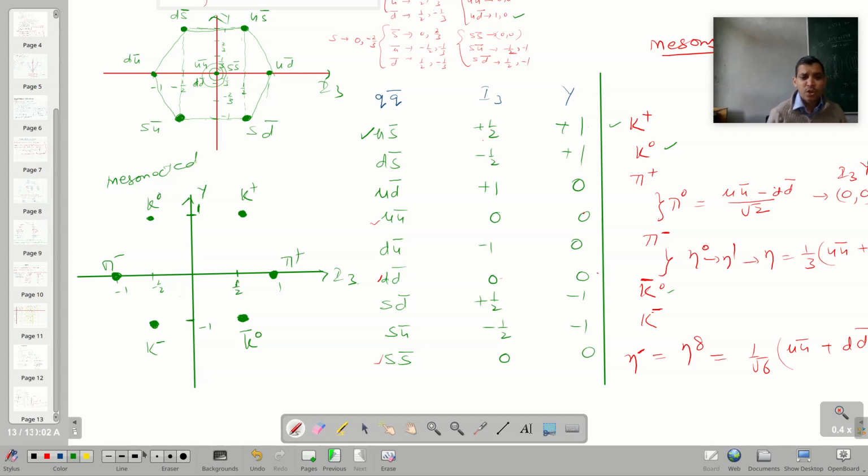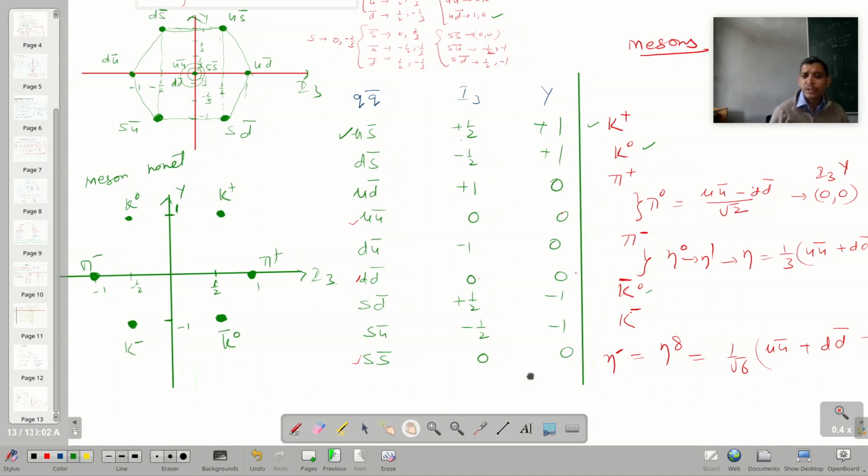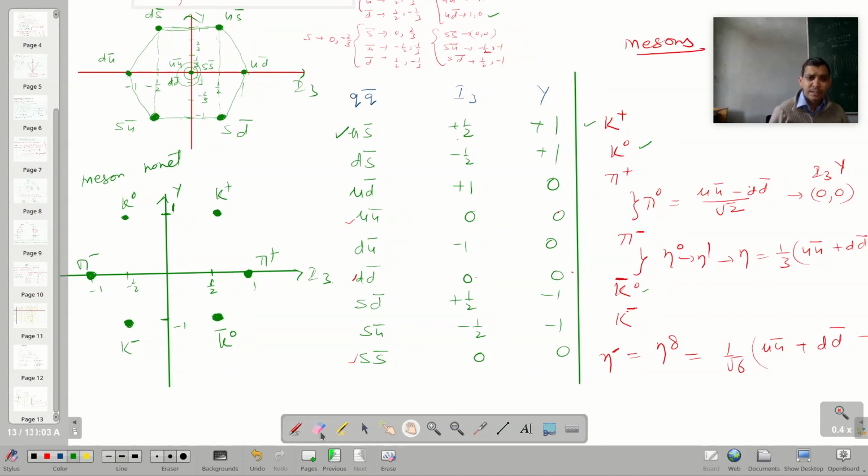Sorry, it's not an octet, but I am first of all writing it in the form of a nonet, right? Meson nonet form. If I look here, then for pi naught, eta naught, or eta 1 or eta 8, all the values are at 0, 0.